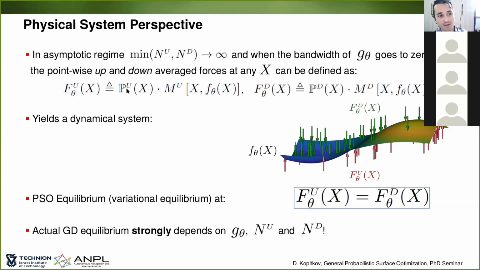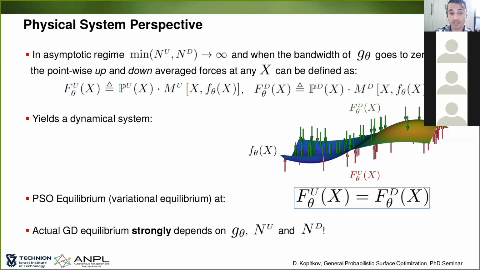So we are pushing up with a force that is a product of Pu and Mu, and we can intuitively think that we push it up stronger if we have more samples from Pu, and if the output of Mu is larger, and the same intuition goes for the down force Fd. Such a perfect physical system will be at equilibrium only when the pointwise forces are equal, Fu equal to Fd at any point x, which, if we look at these expressions, is basically the variational equilibrium that we saw before, basically the Euler-Lagrange equation.